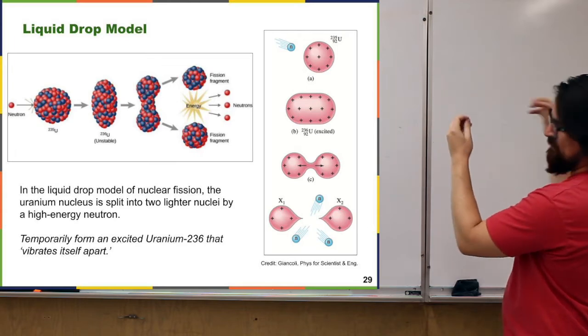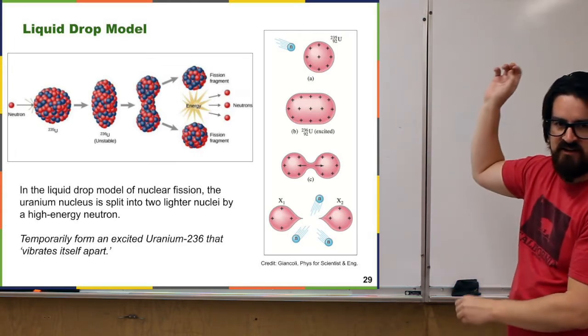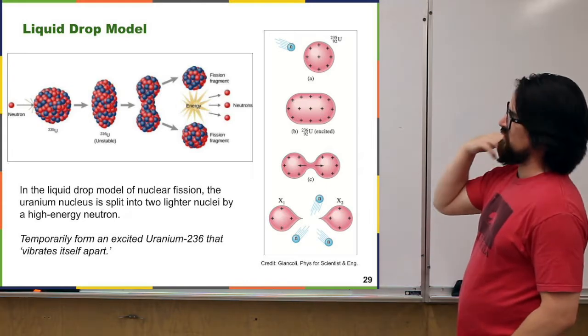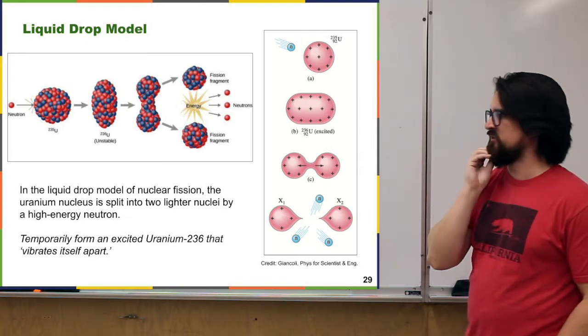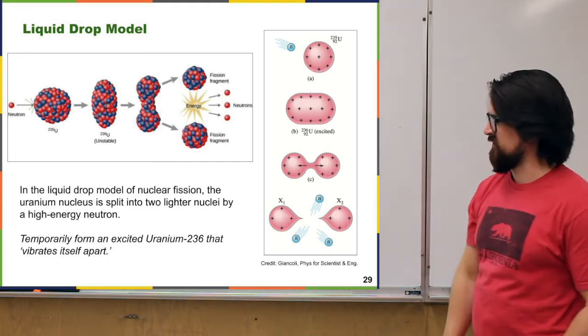And in that snapping, you get the 2 big fragments, and then you also get these neutrons created by the energy of that snap. So one way of thinking about fission is you form this temporarily excited state of the nucleus, and that excited state is vibrating and vibrates itself apart.